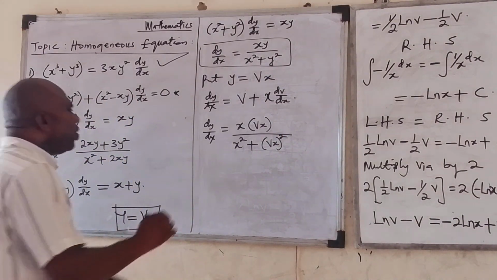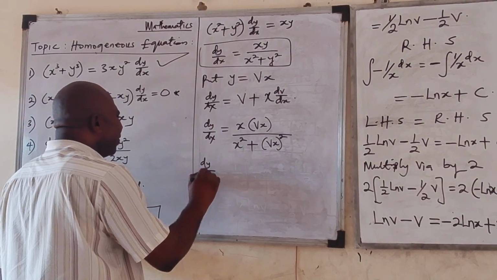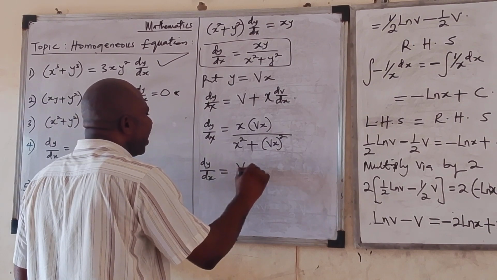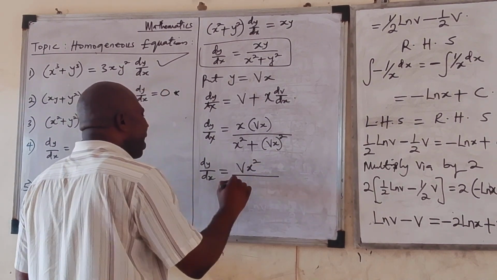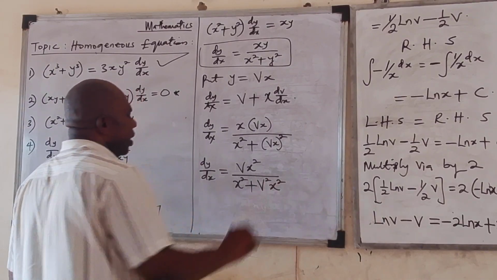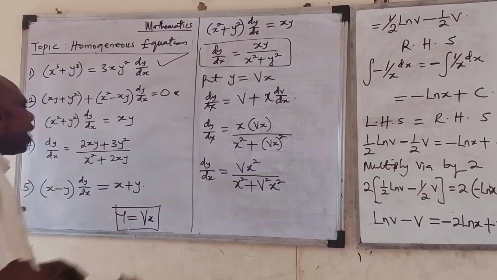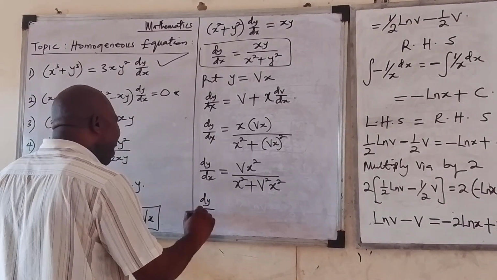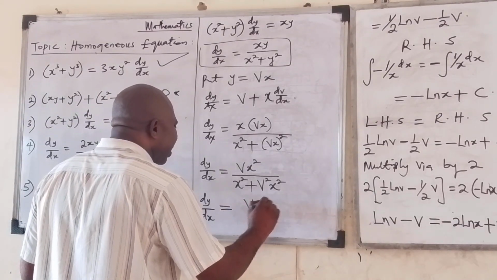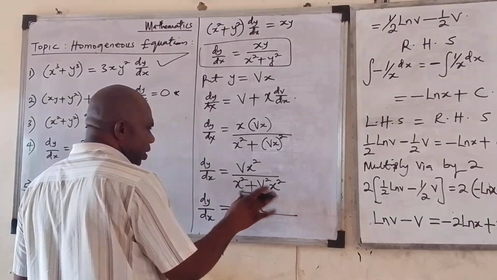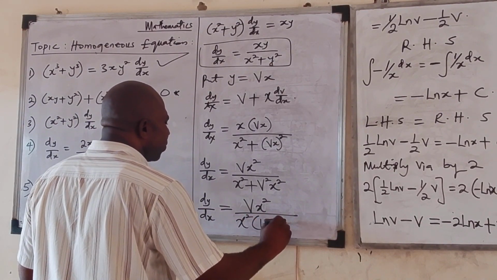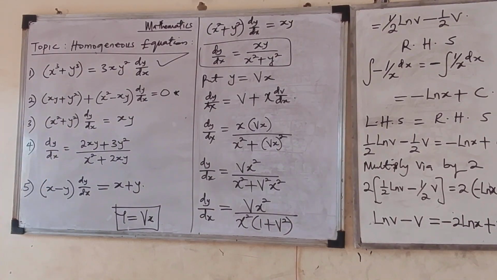So we have vx squared. So it means dy/dx will be equal to vx times x, that will be vx squared, all over x squared plus v squared x squared. Here vx squared all over x squared is common, so we have x squared in bracket 1 plus v squared.